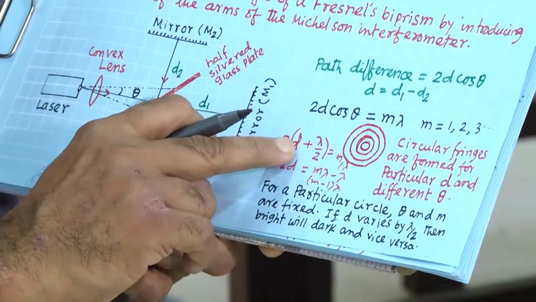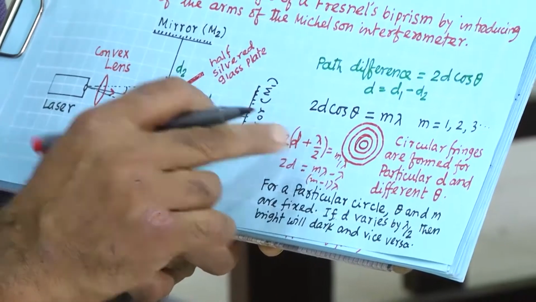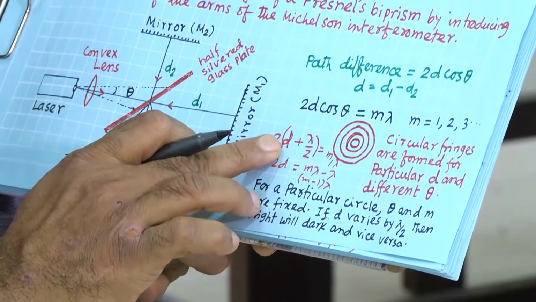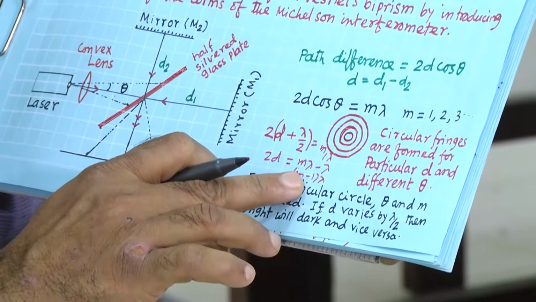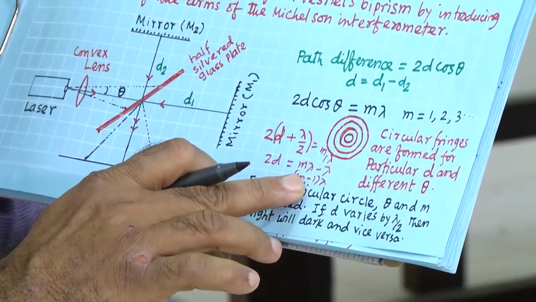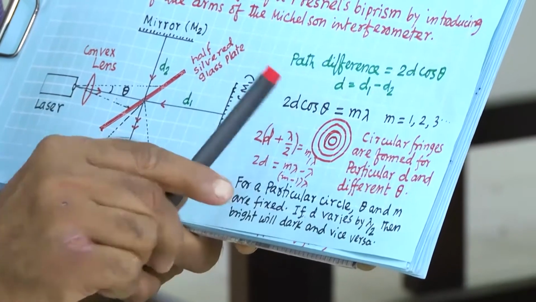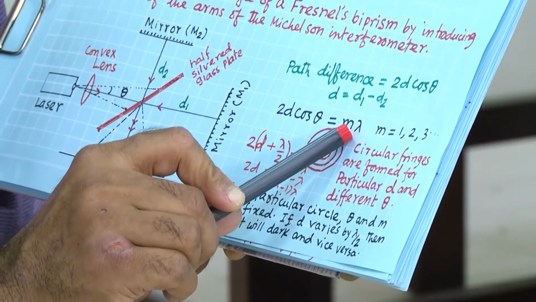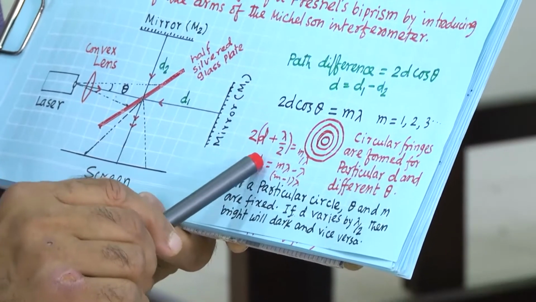Okay. So, increasing the distance D for the central one, the order of the central one should increase. So, that is the new D value.